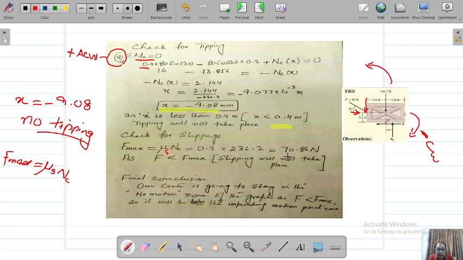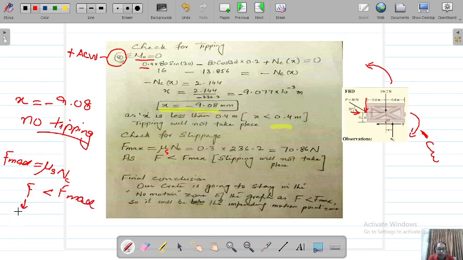So what does this mean? It means that our friction force that we have calculated, F, is less than F max. Since F is less than F max, what was basically F?